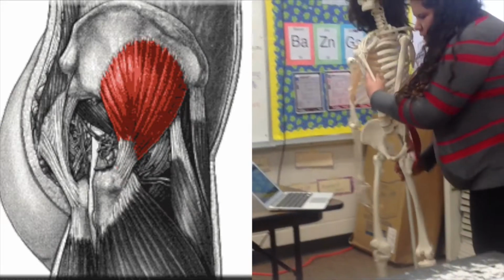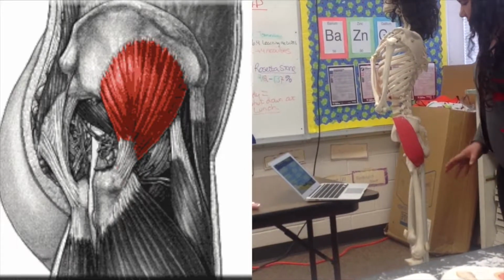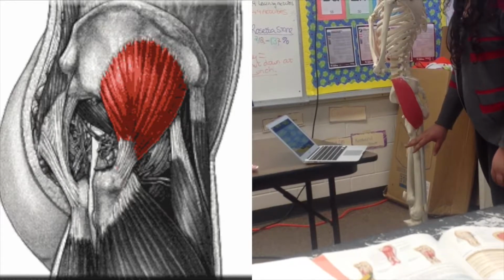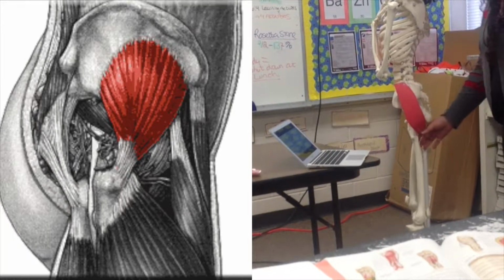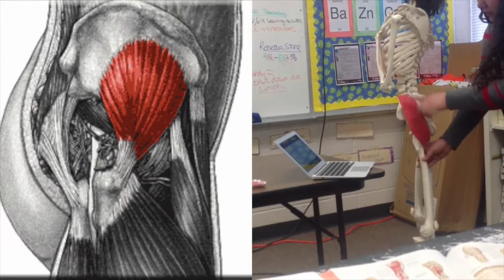Then for its action, it abducts. So that means that you take it away from the medial surface of the body and rotates the thigh medially. So move it like that. And as you can see, as I move it, the muscle moves.